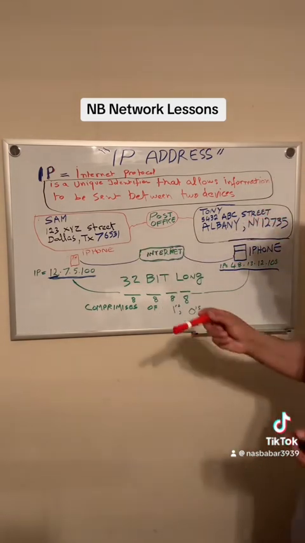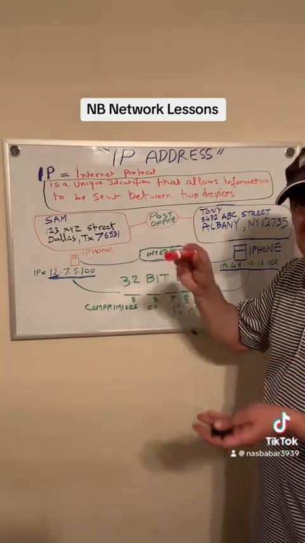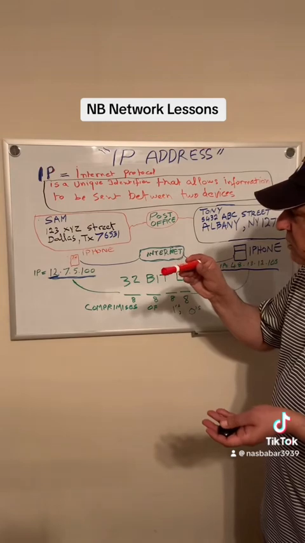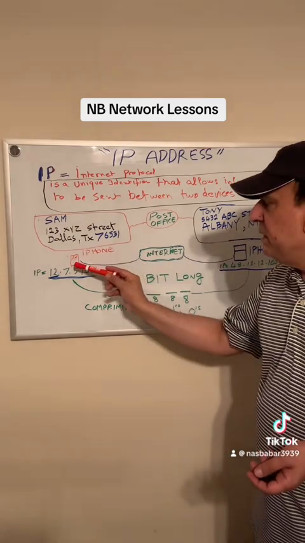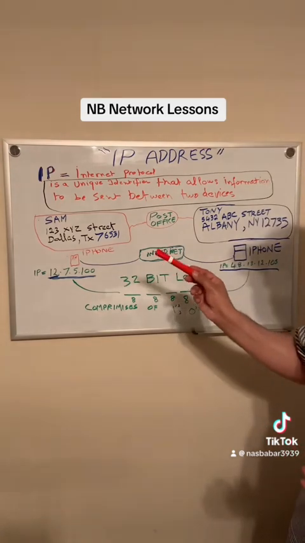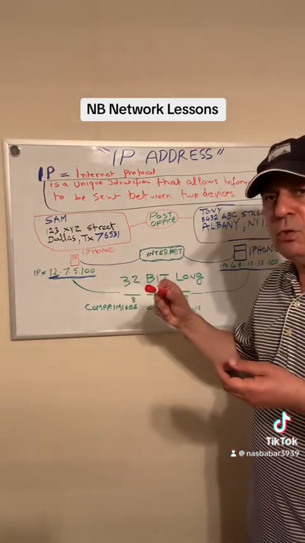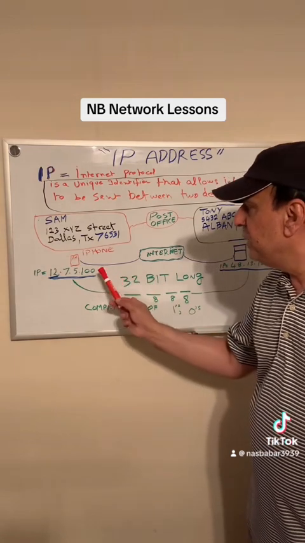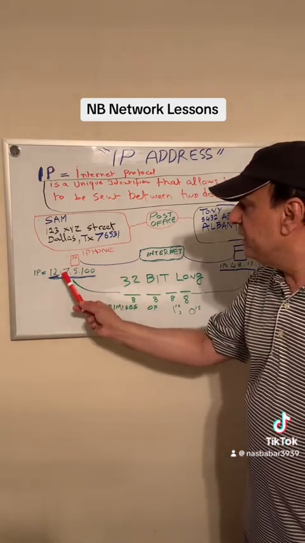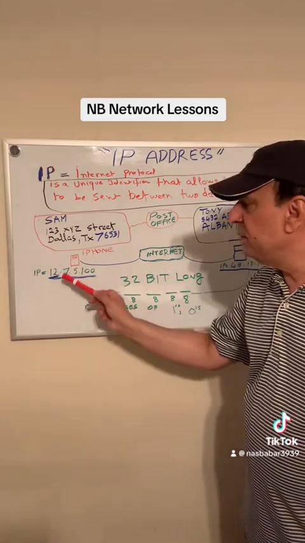So now, if we do a comparison with IP address, you will understand that every iPhone or Android device or whatever device might be also has an address, a unique 32-bit IP address. In this particular case, I've chosen a random IP address.